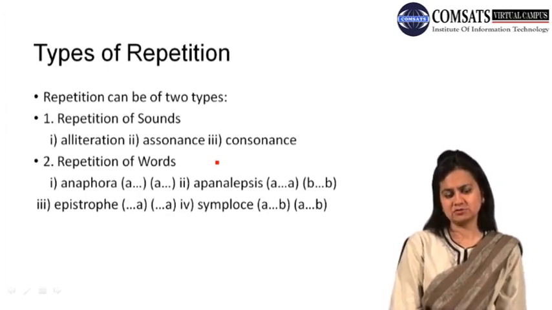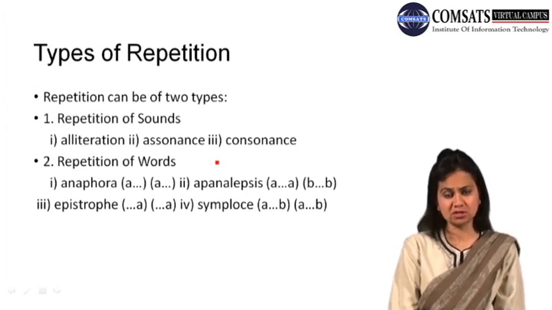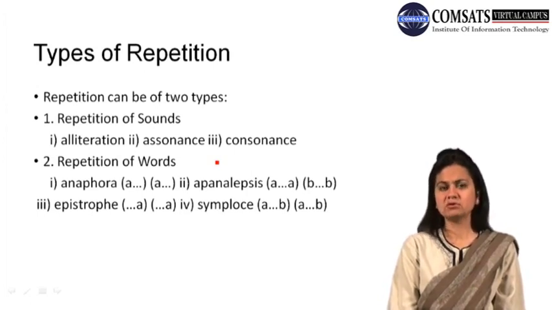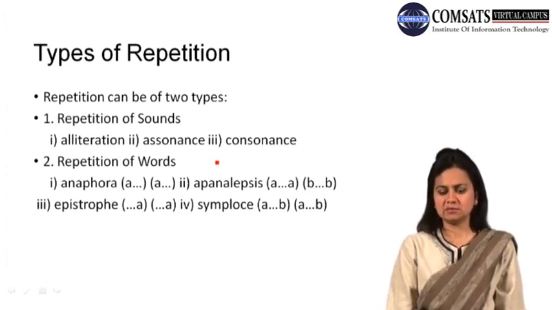In our last lecture, we had looked at the figures of repetition involving repetition of sounds through alliteration, assonance and consonance. We also studied the repetition of words involving use of anaphora, repetition of the initial first word, and then epanalepsis, that is the repetition of some word, phrase or clause at the beginning and at the ending of the consecutive lines.